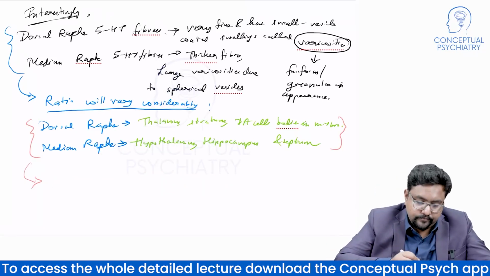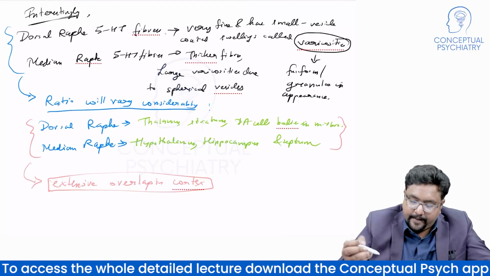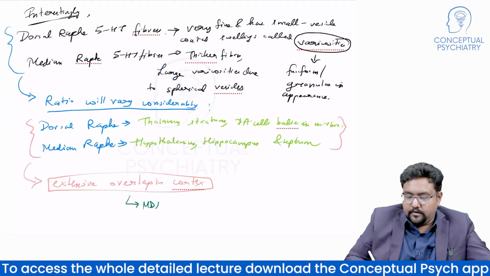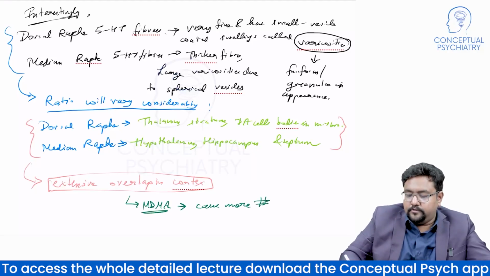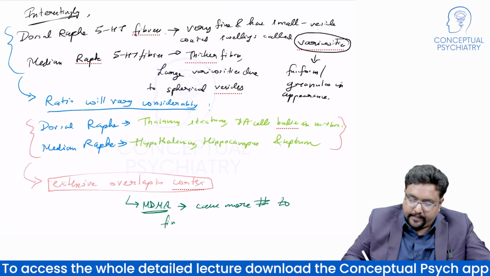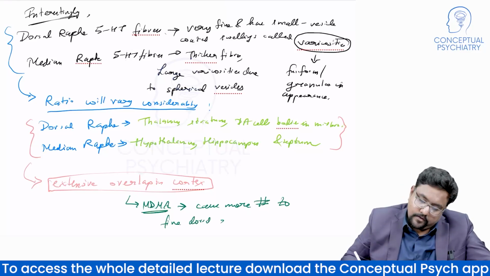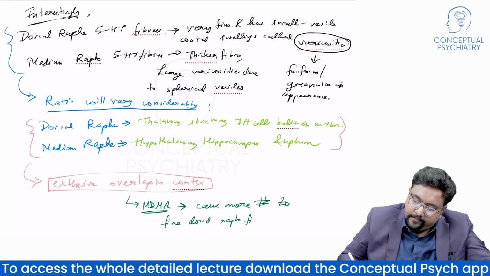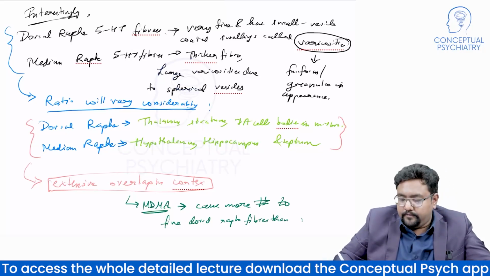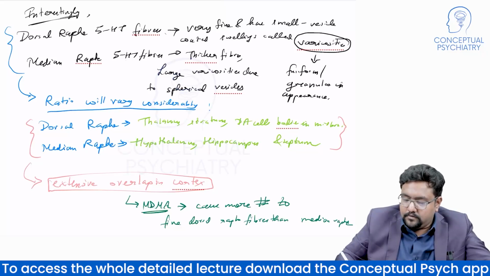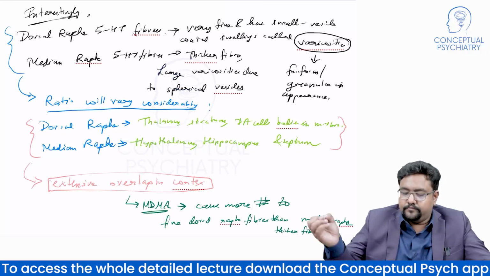Suppose someone is taking MDMA, a psychostimulant, this will cause more signs of damage to the fine dorsal raphe fibers than the median raphe thicker fibers. Okay.